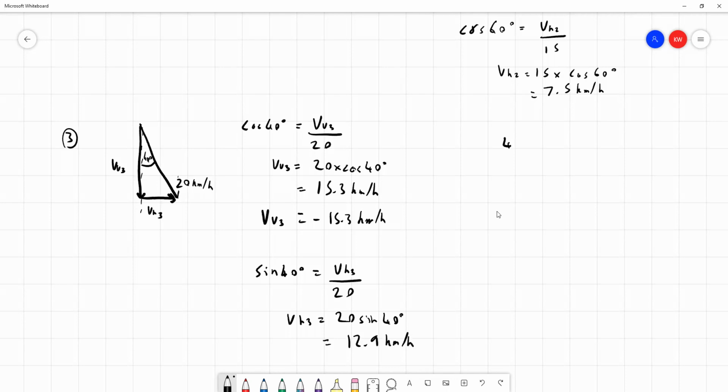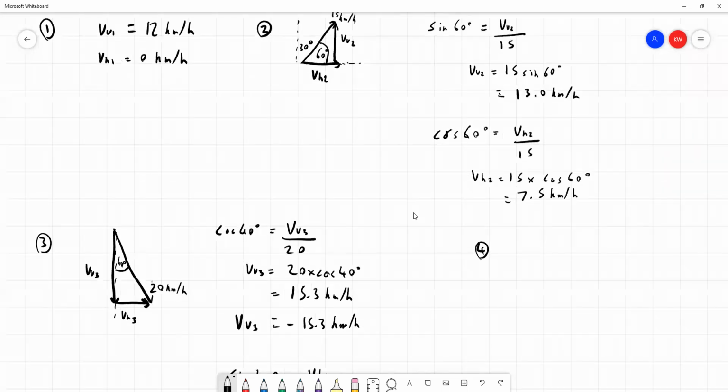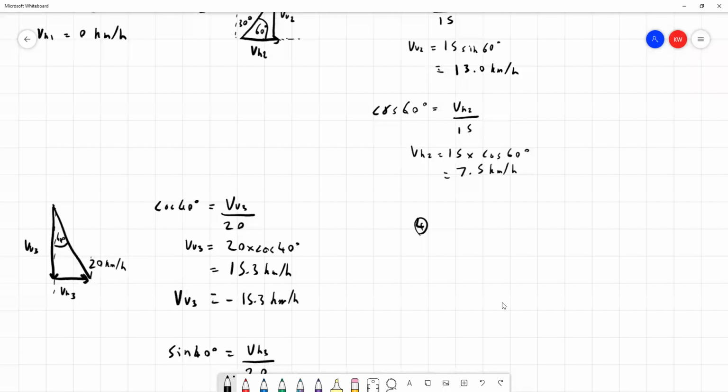And that leaves us with vector 4. Now, vector 4 is a nice, easy one to deal with. It's 12 kilometers per hour acting towards the south. So the vertical velocity of vector 4 is going to be minus 12 kilometers per hour, because minus indicates south in this case. And the horizontal component of vector 4 is going to be 0 kilometers per hour. And so we've resolved all of our vectors into vertical and horizontal components.